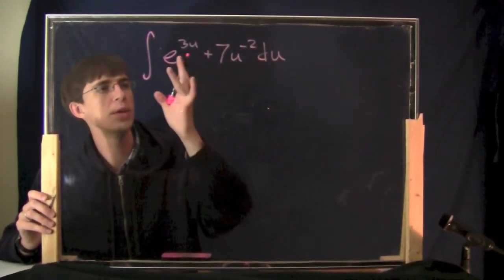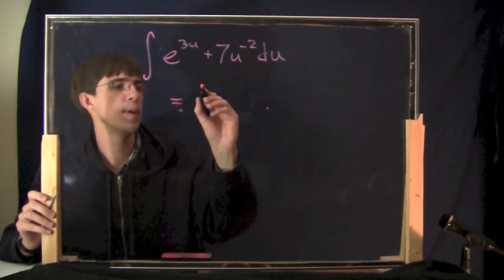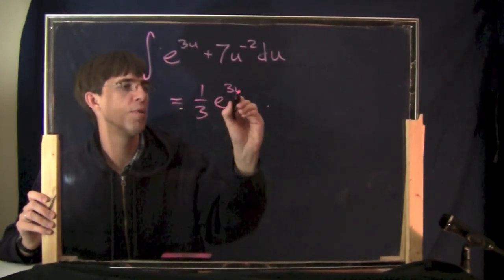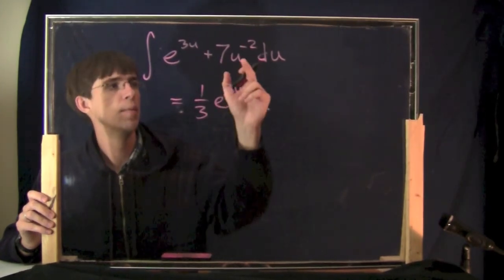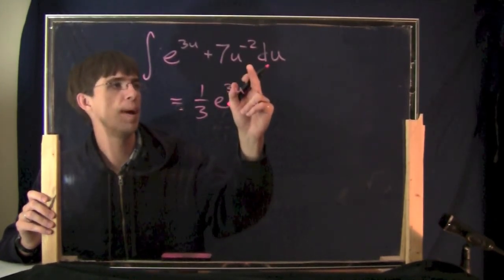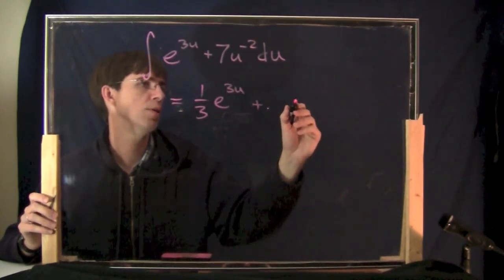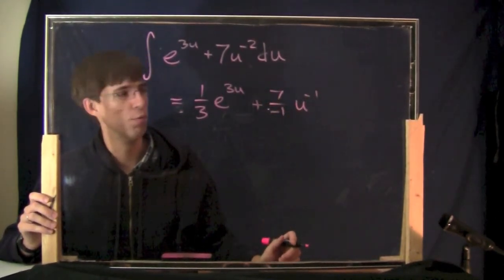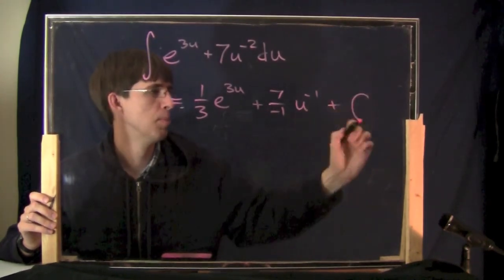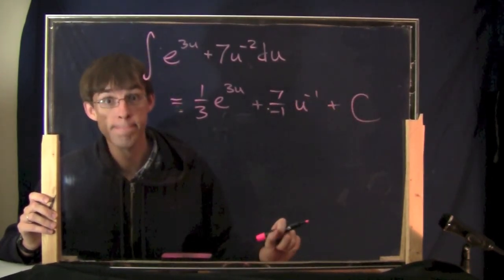Since they're added together, we can just do them separately. The first one then becomes 1/3 e to the 3u. The second one, that was the e to the kx rule. This one, you use the power rule. You increase the exponent by 1, so it becomes u to the minus 1, and then you divide by that new exponent, and this is your answer.